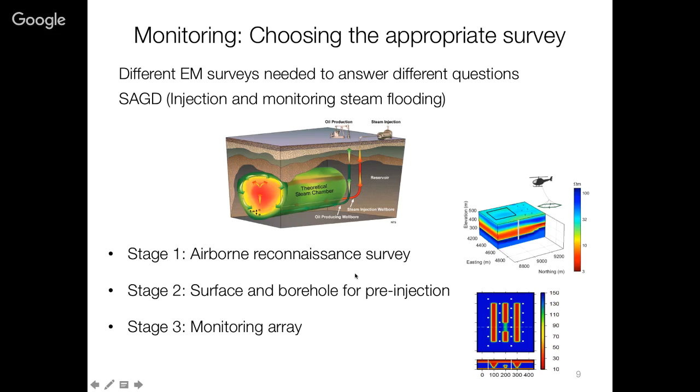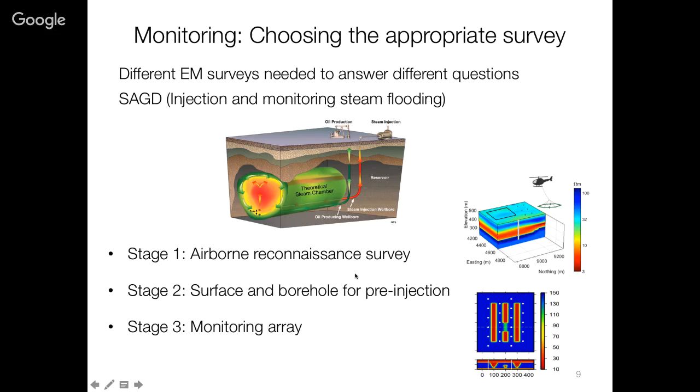The steam kind of rises up and melts or reduces the viscosity of the bitumen, which then comes down and is collected by an oil-producing wellbore.